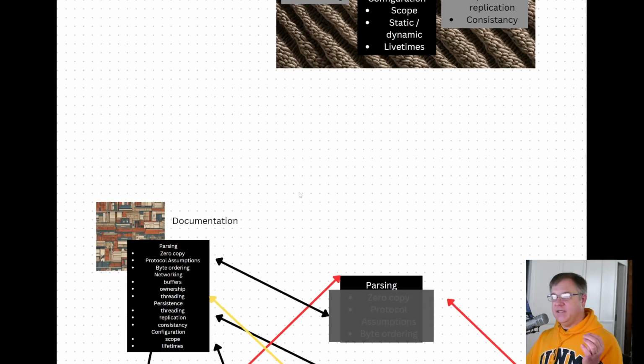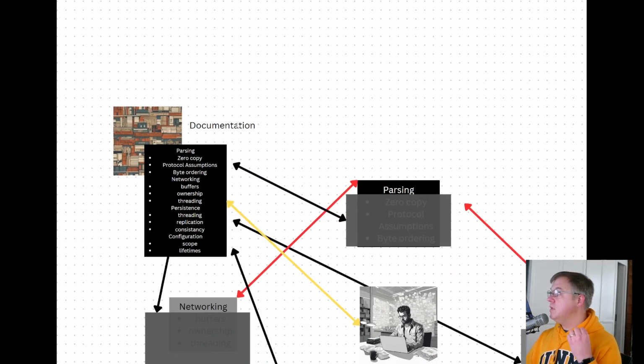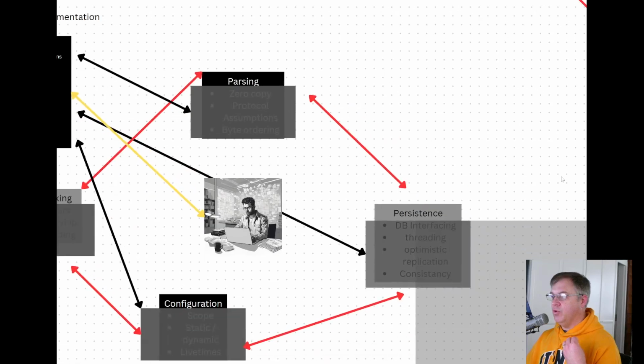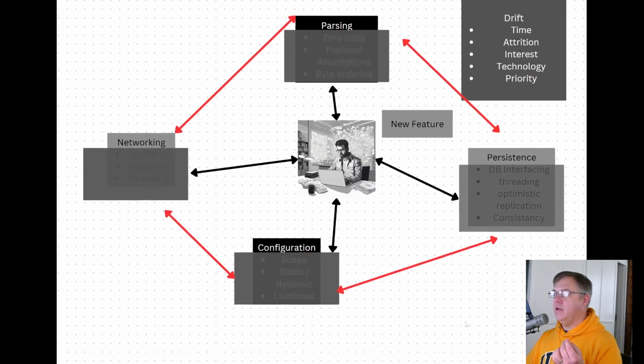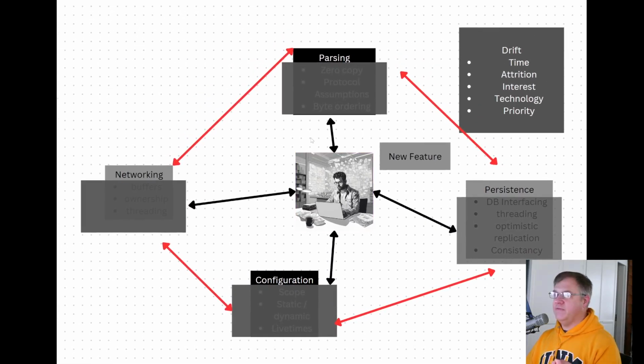Again, it's not to say that you can eschew documentation or process, but they mean a different thing when you look at this sort of drift, because these interactions still take place and this drift is still going to happen.